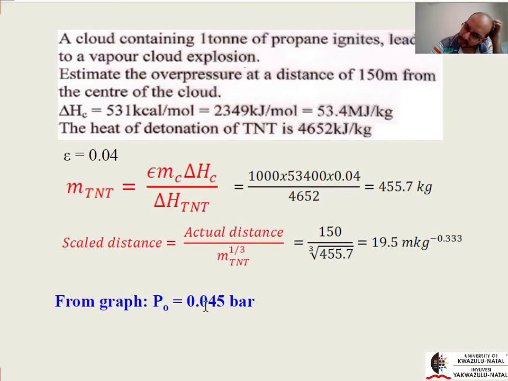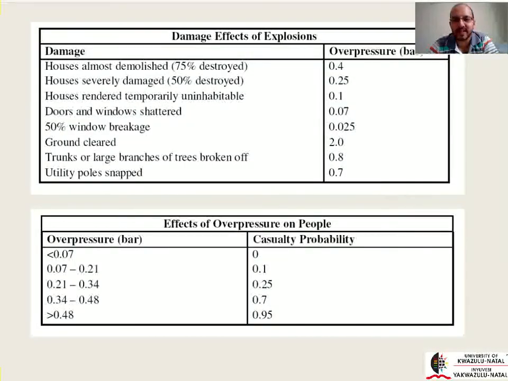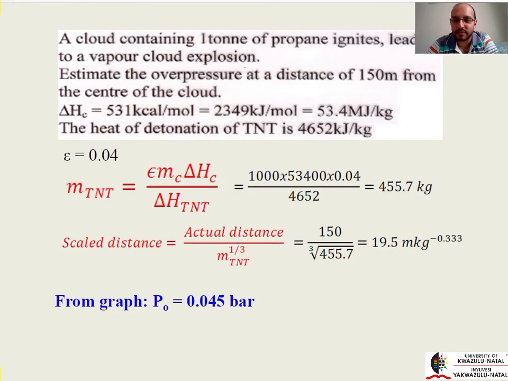Okay, so the overpressure is 0.045 bars. So 0.045, you're going to get at least 50% of your windows shattering if you are located in a house that's just 150 meters away.